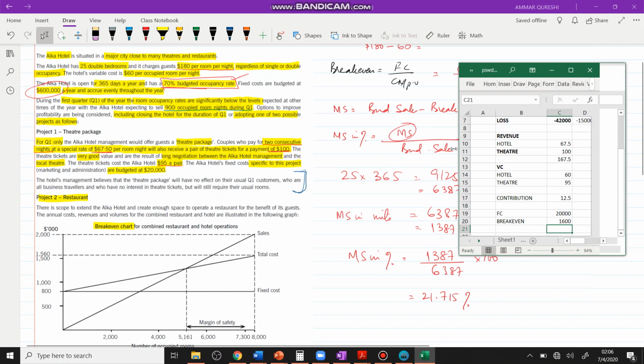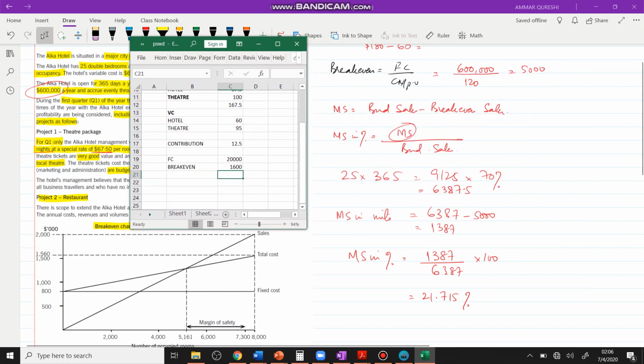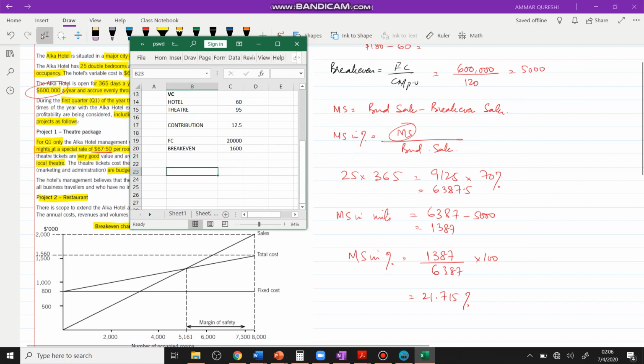We have already identified how many rooms we have. See, the maximum rooms for quarter one is 365 times 25, right? And let's divide it by 4, right?